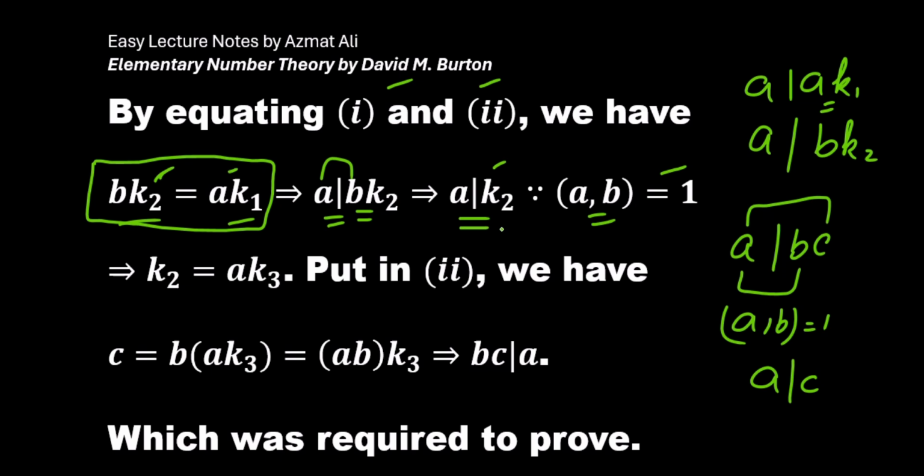Again, by using the definition of divisibility, we can write K2 as a multiple of A. That is K2 is equal to A times K3.